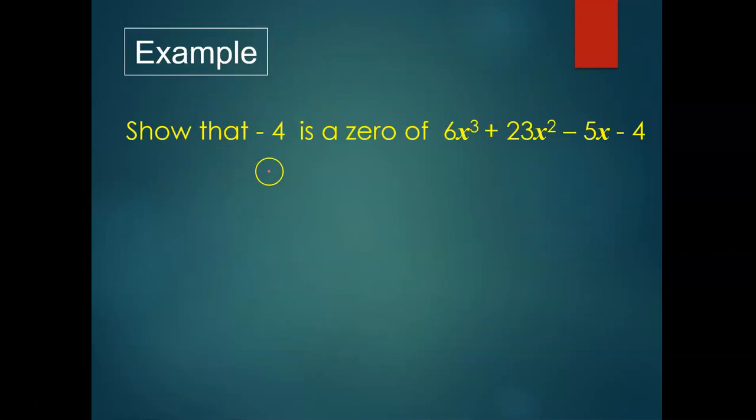Okay, we look at this example. Show that negative 4 is a zero of this polynomial. You have p(x) equals 6x cubed plus 23x squared minus 5x minus 4. You want to prove negative 4 is a zero, so we substitute p(negative 4) into your polynomial, and you should get 0, no remainder.